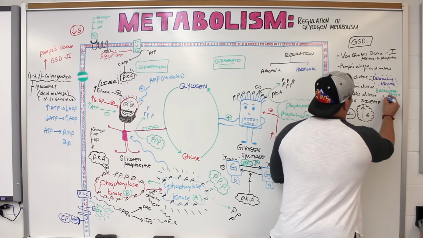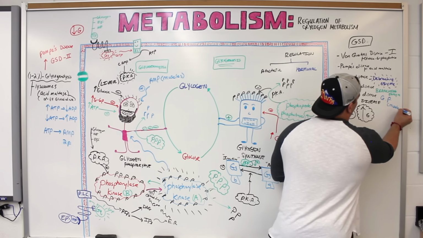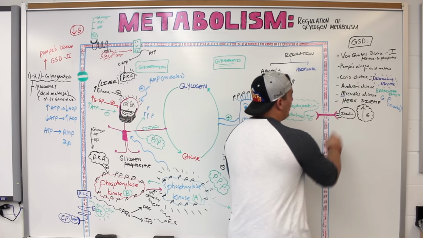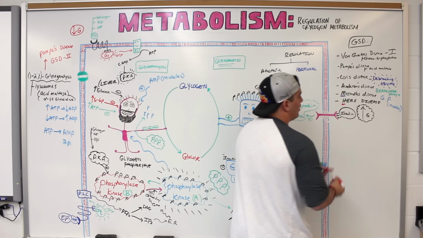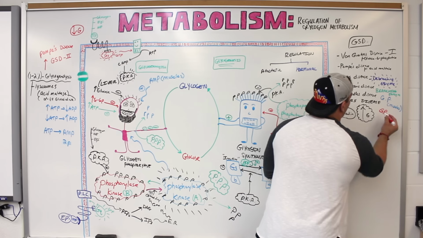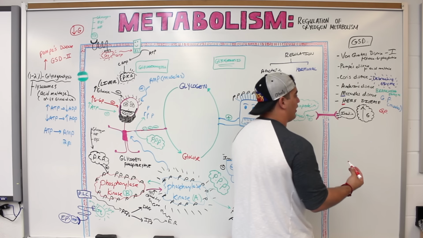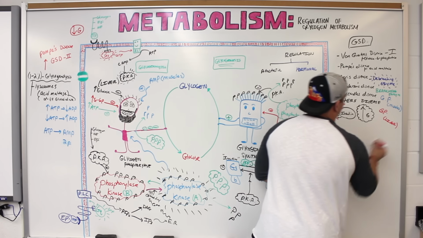So this is GP, glycogen phosphorylase, but specifically in the muscles. Then if you see Hers' disease, there's an H. You notice the glycogen phosphorylase enzyme is also deficient in this one? But what does H stand for? Hepatic, liver. This is the liver glycogen phosphorylase.